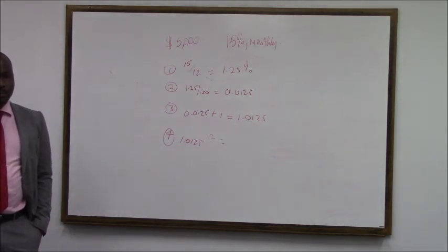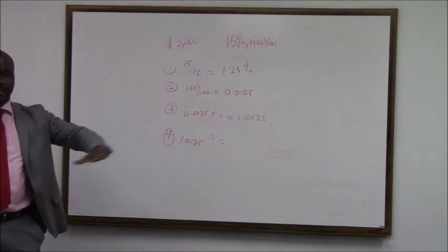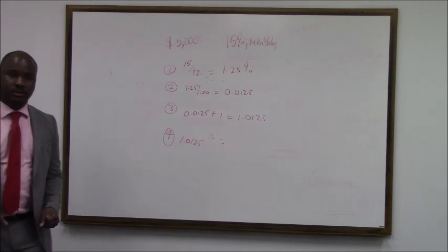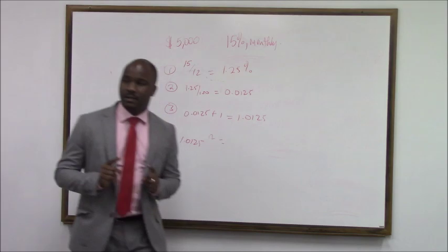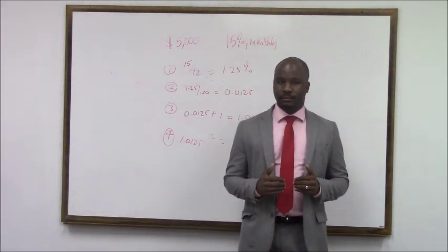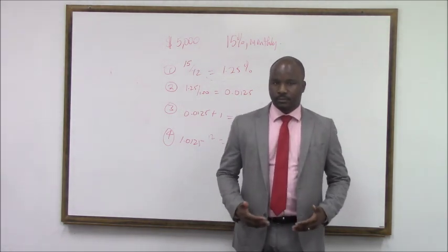When you multiply by 12, it's just linear. So every month you'll just be doing 1.0125, 1.0125, 1.0125 against a flat 5,000, 5,000, 5,000. Why is that wrong? Because as you pay, it should go down.